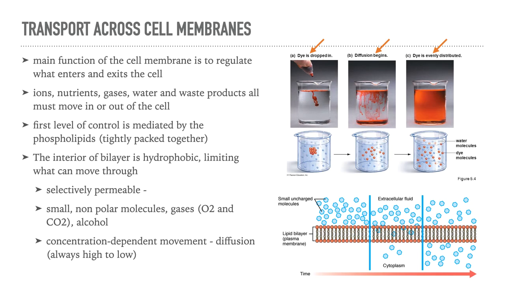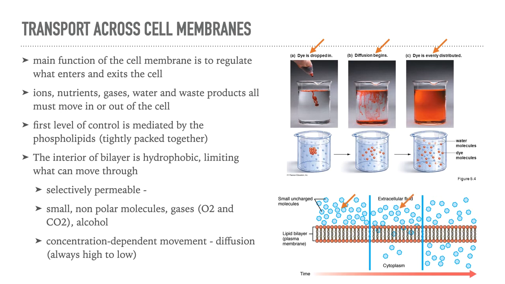Now the same thing can happen across a membrane. Here we see a high concentration of blue hexagons on one side of the membrane. They're highly concentrated, and there are none on the other side. What's going to happen if those molecules can move across the membrane? They're going to diffuse, because what they want to do is be at the same concentration on either side.